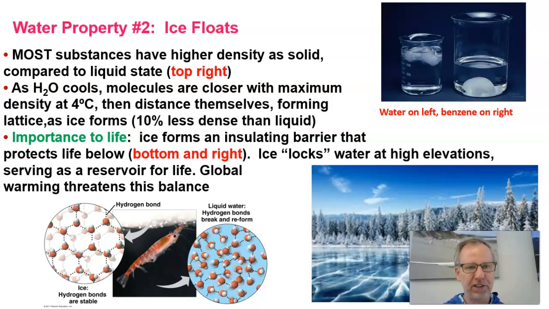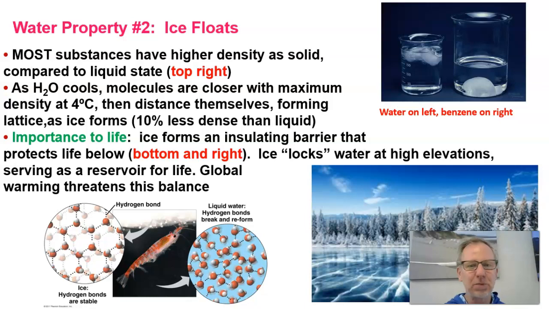Freezing is 0 degrees Celsius. So water actually has its maximum density when it's still liquid. And as the water slowly approaches the 0 degree mark to turn to solid, the molecules of water actually start spreading out more, distancing from each other more. And they lock together into a lattice, kind of a honeycomb formation as the ice forms.